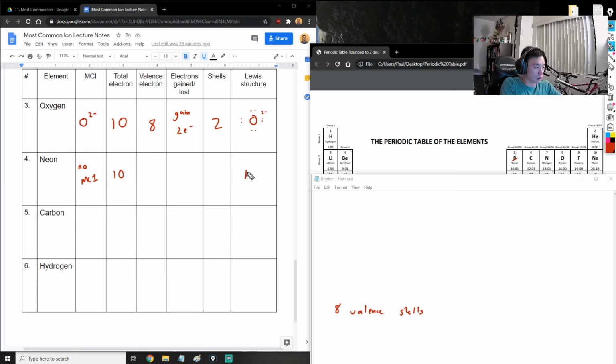We said earlier that neon looks like this, and there's 8 valence electrons, so it just has 8. It doesn't want to gain or lose, so we'll just write neither. How many shells does it have? It's in the second row, so it has 2 shells. And so for neon, we don't really need to do much work. We just need to make sure that we know that there's no MCI, and all the other numbers are just going to be the numbers for regular neon.